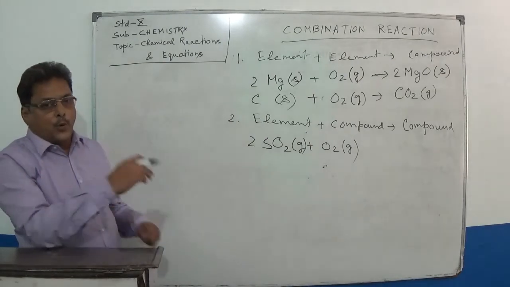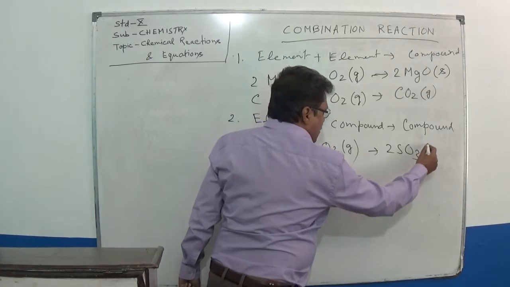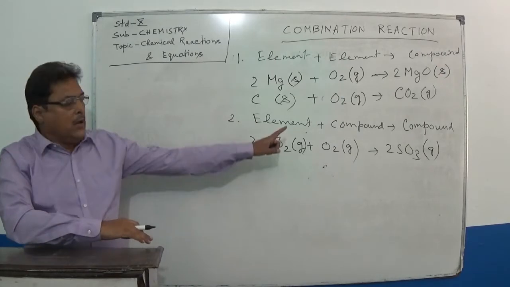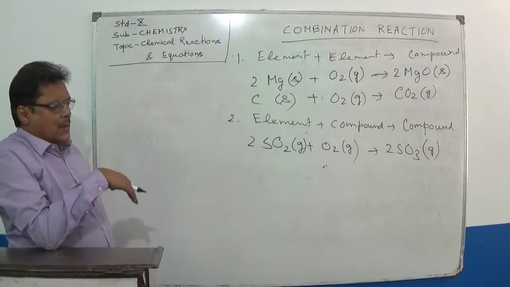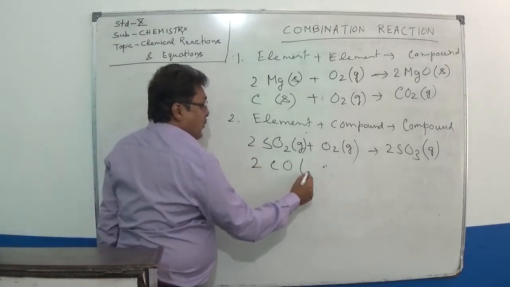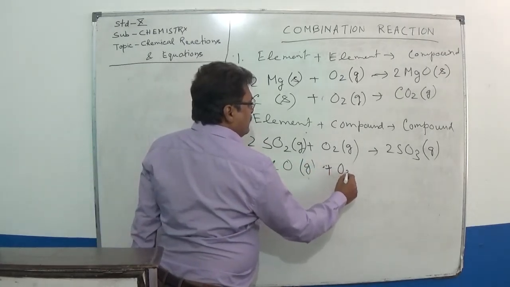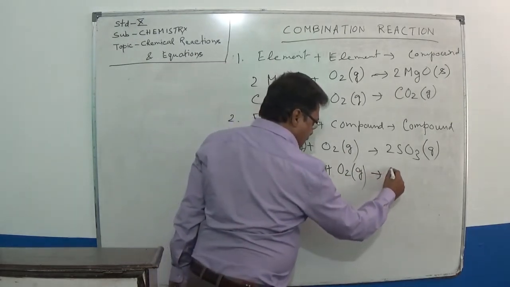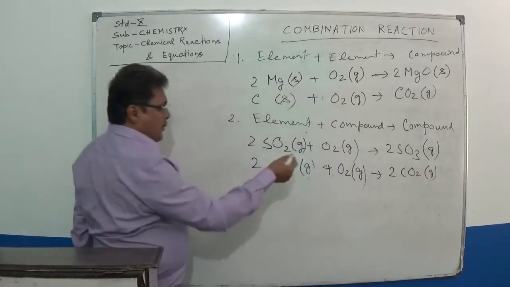You see what is produced? A new gas, sulfur trioxide. Compound plus element. Another very common example: we take carbon monoxide gas and mix it with oxygen. It will produce carbon dioxide gas. Carbon monoxide plus oxygen.